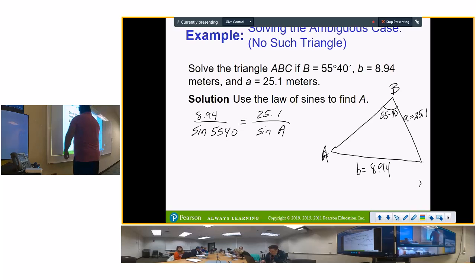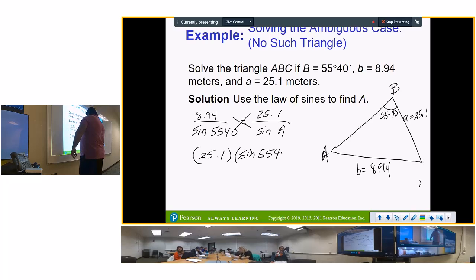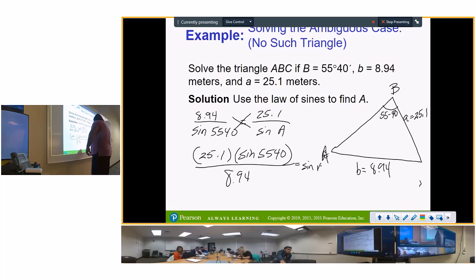Sine of A. Crisscross. Okay, using our algebra, we're going to have 25.1 times the sine of 55.4 divided by 8.94 is equal to the sine of A.